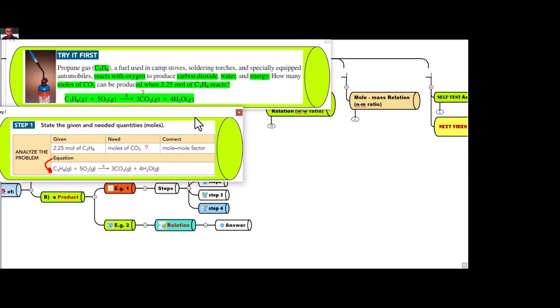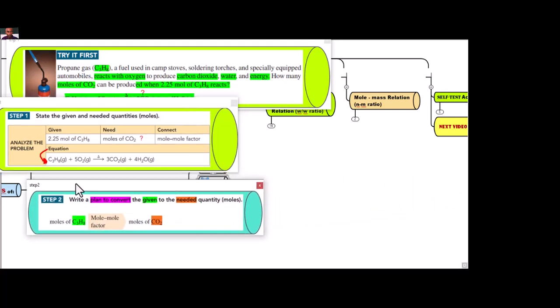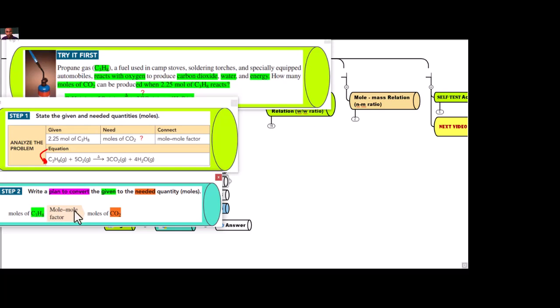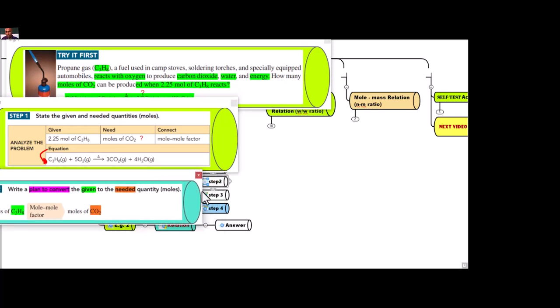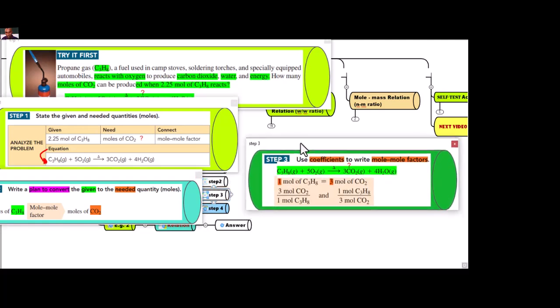Step 2 is to write a plan to convert the given to the needed, so we have given mole, and then convert this to the needed one. Step 3 is about using the coefficients to write the mole factor. The coefficient of propane is 1, the coefficient of the product, carbon dioxide, is 3.